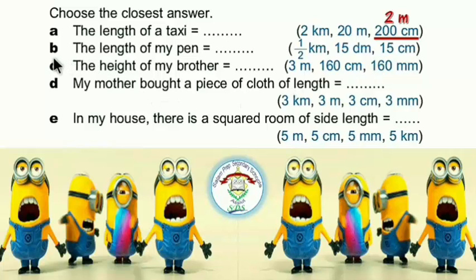The second one, the length of my pen. Half kilometer, we exclude this. I can't use kilometer. Kilometer is used for distance. 15 decimeter, 15 centimeter. 15 decimeter means 150 centimeter.